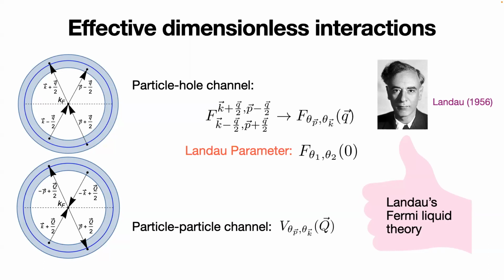When the momentum transfer is 0 in the particle-hole channel, this coupling function is basically the lambda parameter in Landau Fermi liquid theory. Landau used this parameter a lot to generate the effective mass and many effective phenomena in the Fermi liquid phase. Now we extend it to be a function of small momentum transfer.